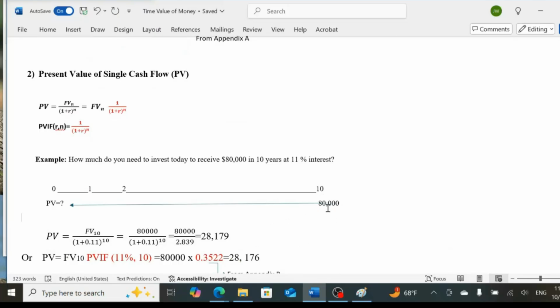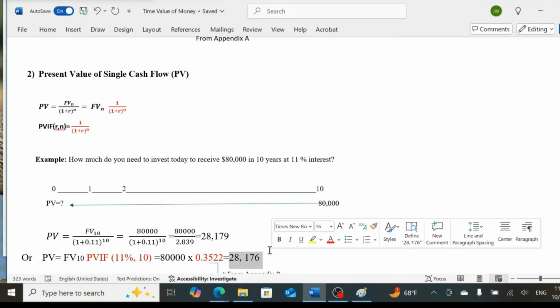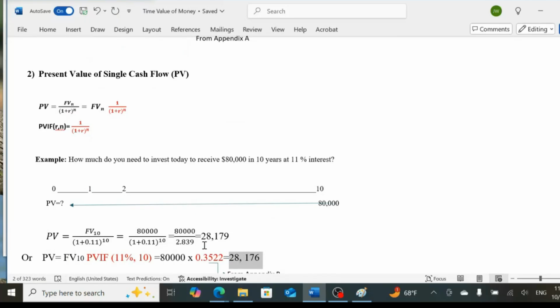So if you need $80,000 in 10 years, you just multiply by 80,000. The answer is the same, slightly different because of a rounding error. You shouldn't worry about that. So the future value of a single cash flow and the present value of a single cash flow are our building blocks. With this, we can solve a lot of complicated problems.